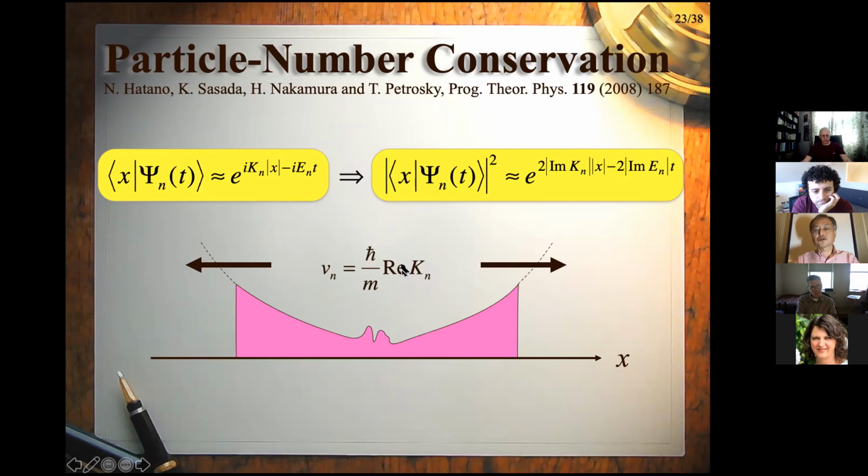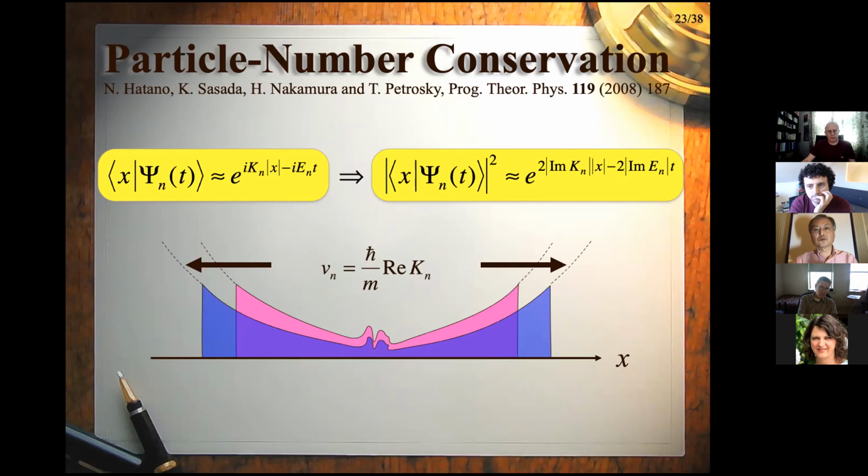So after some time, to properly track the probability density, you have to expand the integration range according to this velocity.